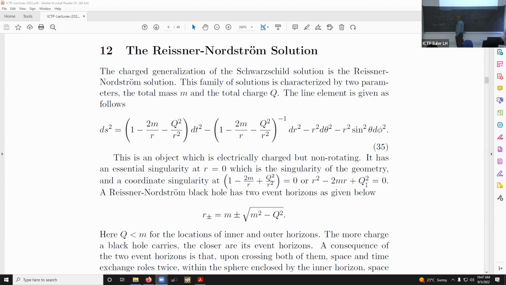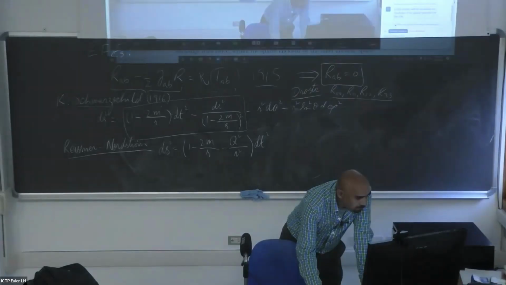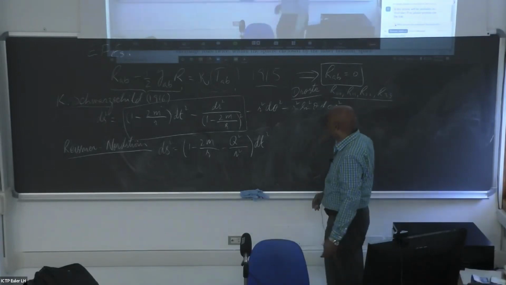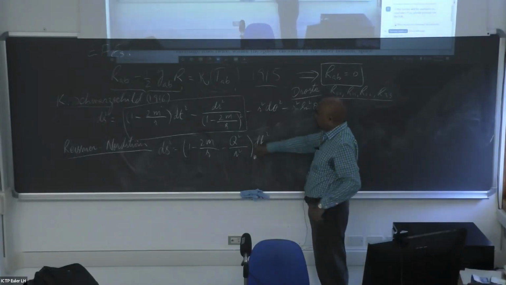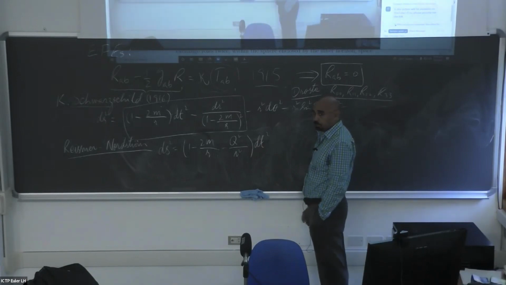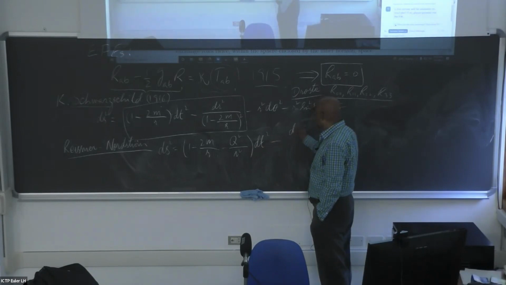So this is 1 minus... I think I should stop sharing this screen. Okay. So this is the G00 component, or the G_tt component, of the metric tensor.